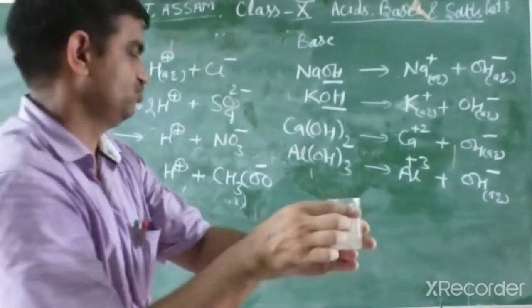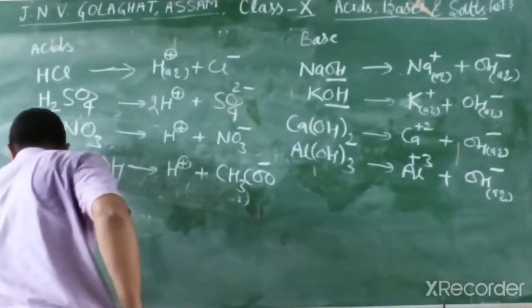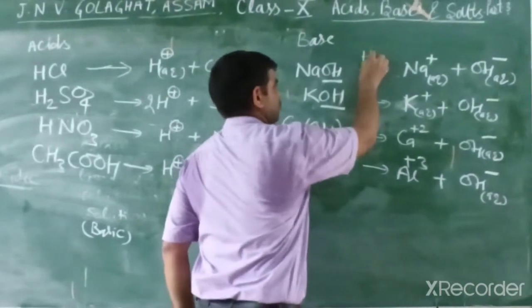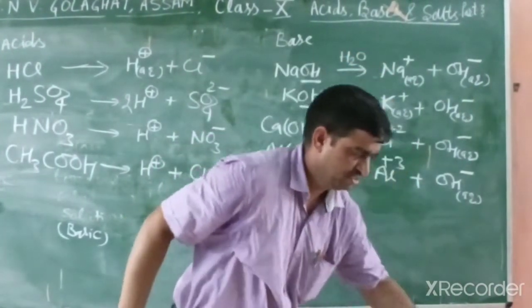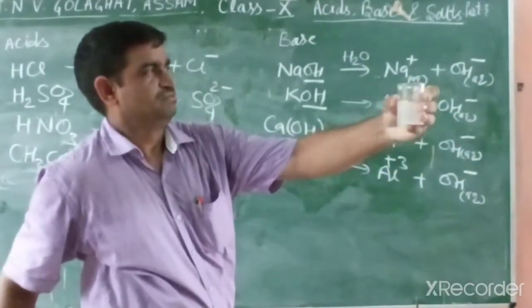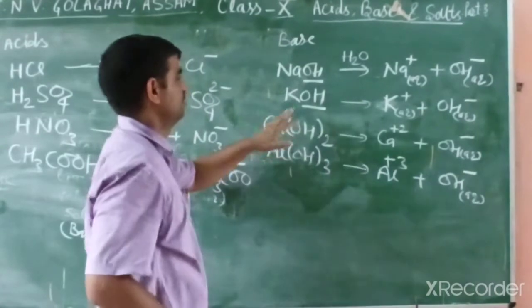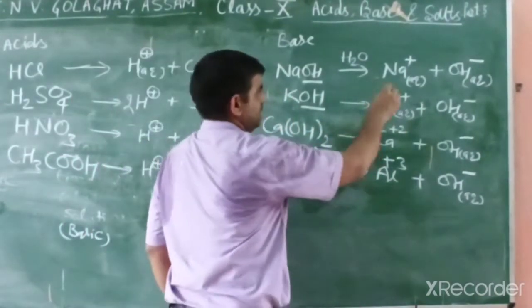So this is an exothermic reaction. When we dissolve sodium hydroxide in water, they dissociate into respective ions. All the bases are soluble. When they dissolve in water, the base is known as an alkali.